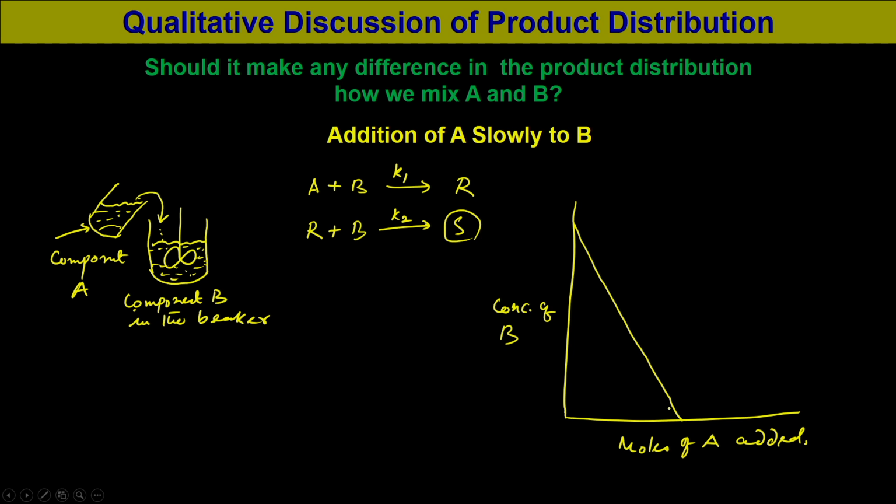As soon as B is used up, further addition of A would leave only A. So, this is the concentration change of component B, this is the concentration change of component A, which will again increase, and the product which will form is S, and since all the B is used up, it will remain constant. So, this is the profile of S.